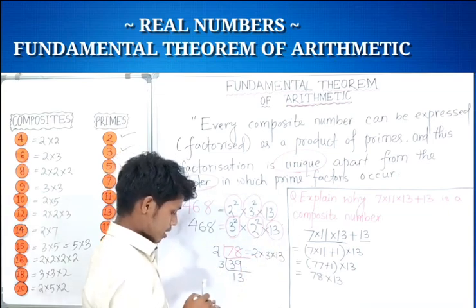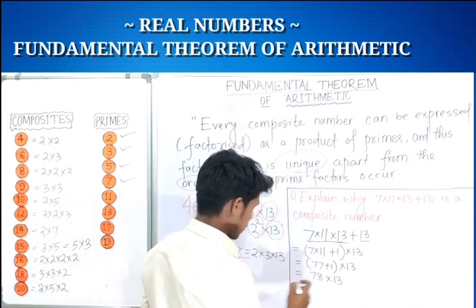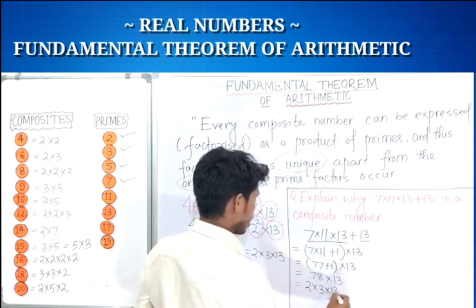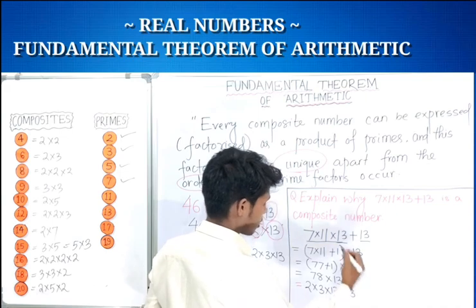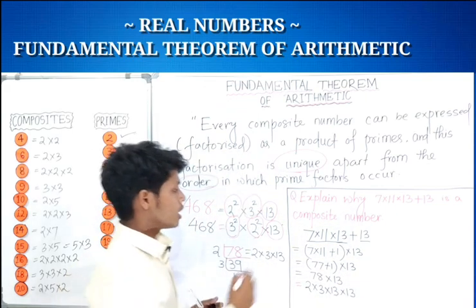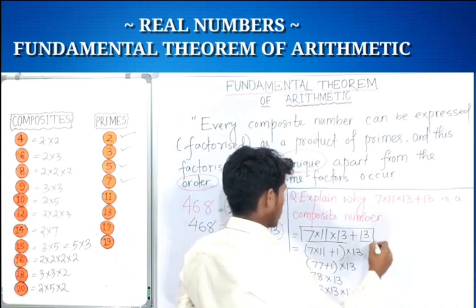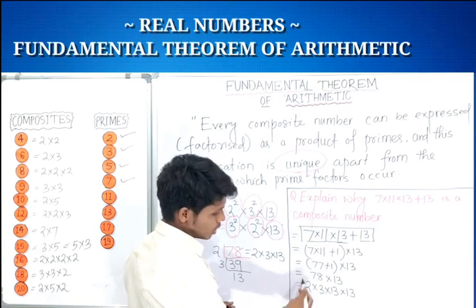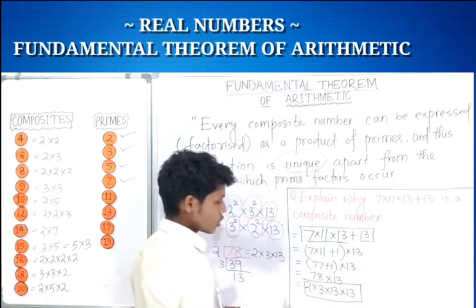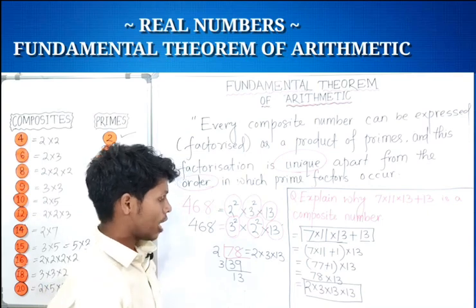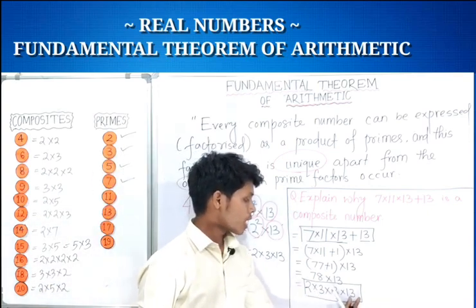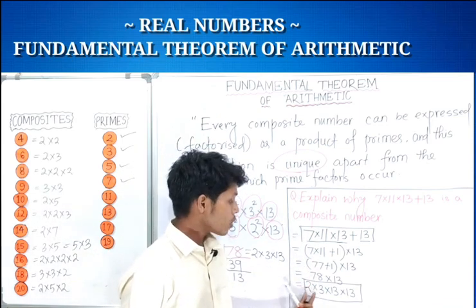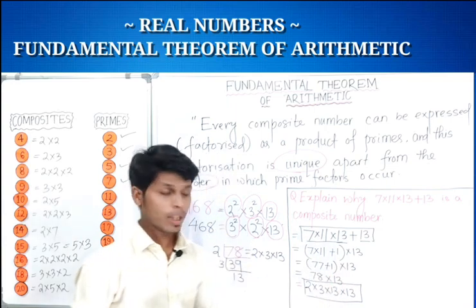So now let's replace this in place of 78. In place of 78 we can write 2 times 3 times 13, and again there was another 13 multiplied here. So the original expression given to us, 7 into 11 into 13 plus 13, has turned into another expression, 2 times 3 times 13 times 13, and here each of the numbers multiplied is a prime number, and there is no sign other than multiplication.